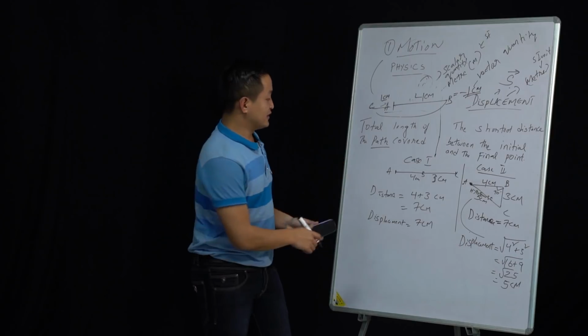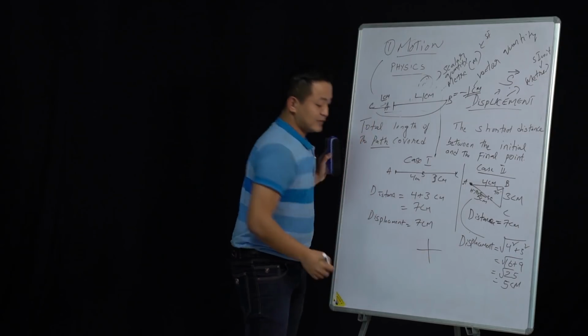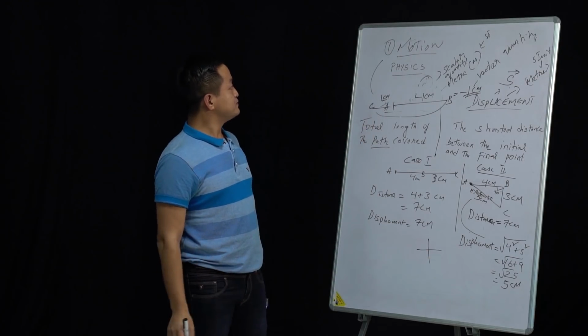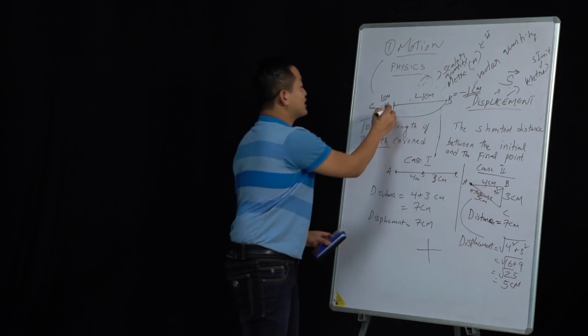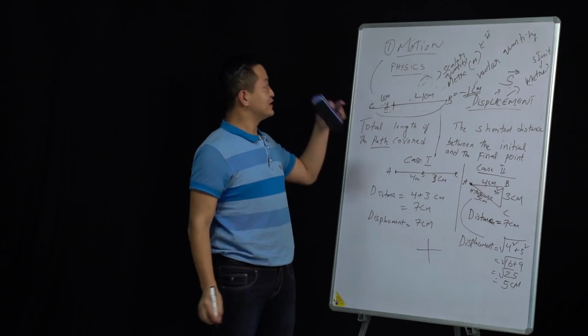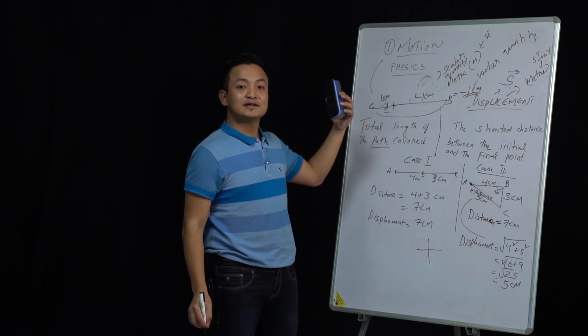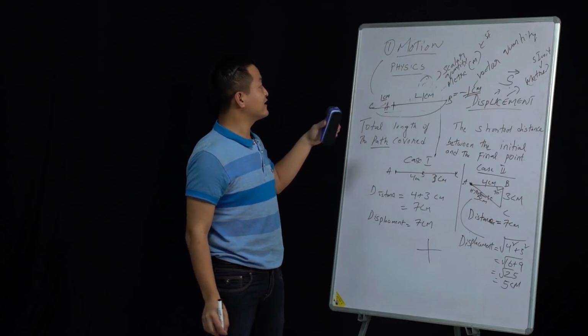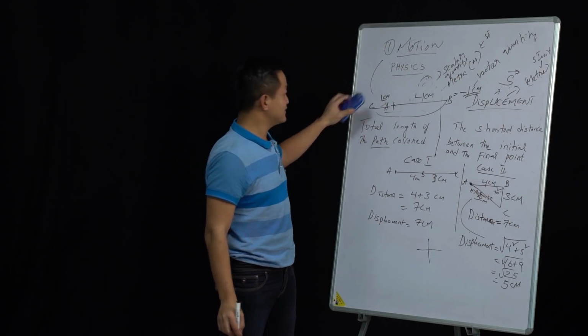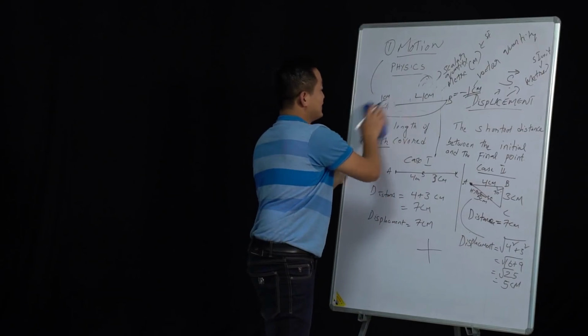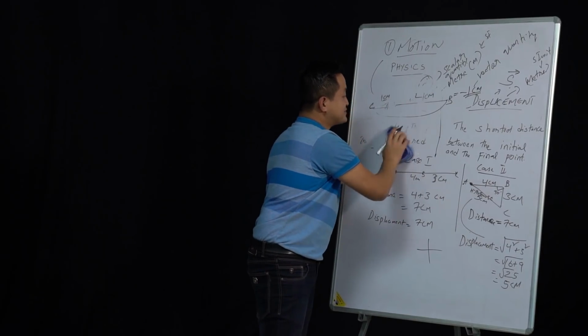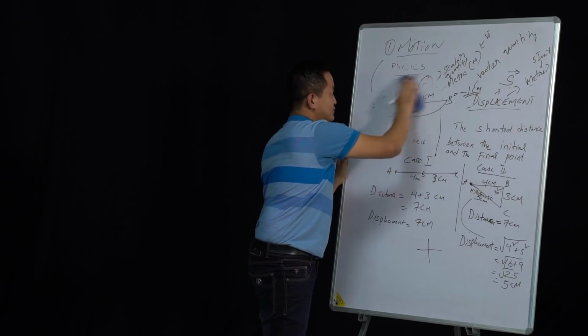Clear? In the graph you have learned, right? Okay. So if you are clear with this one, we'll go to the next important topic, that is speed and velocity. Clear? Speed and velocity.